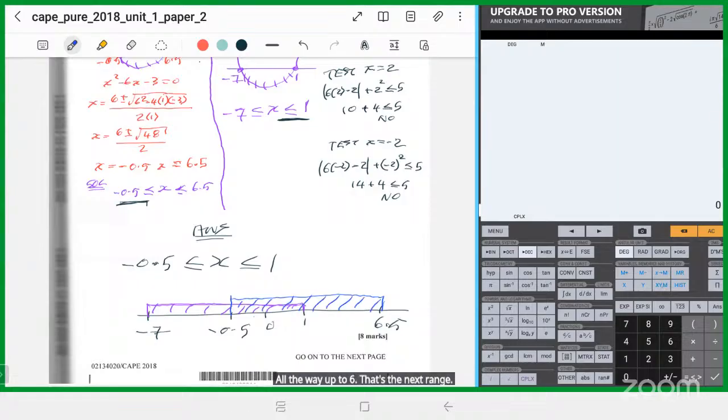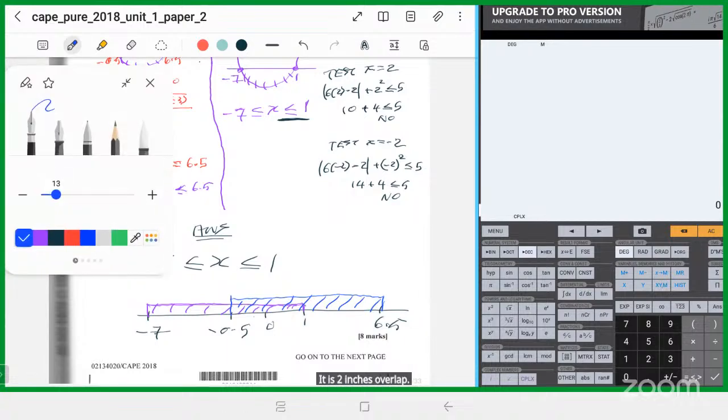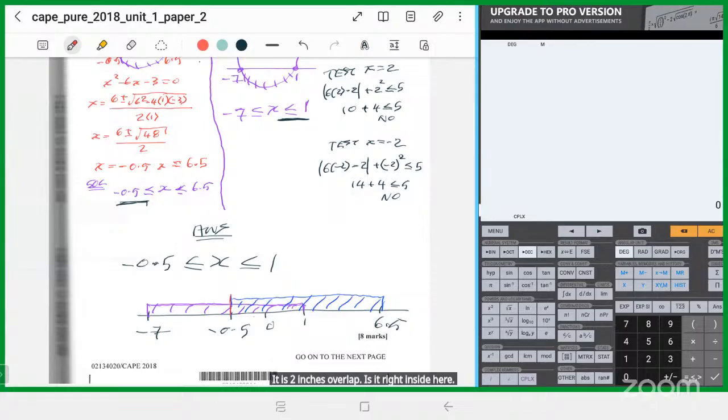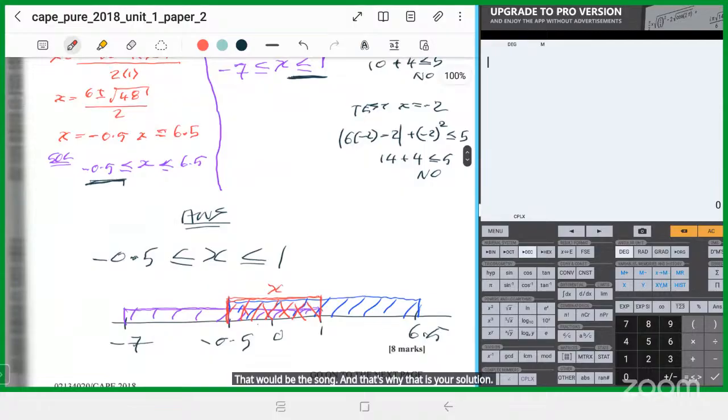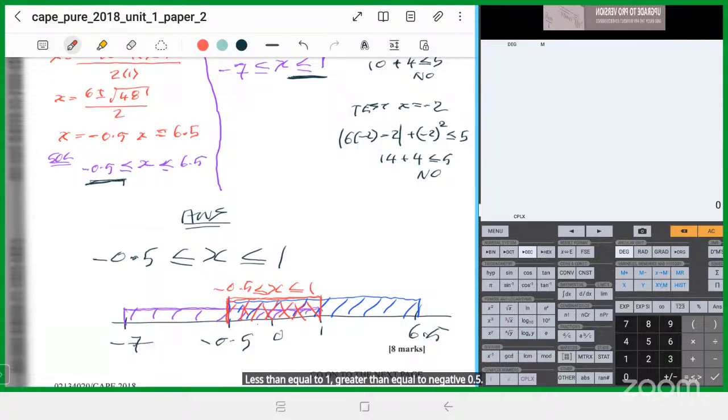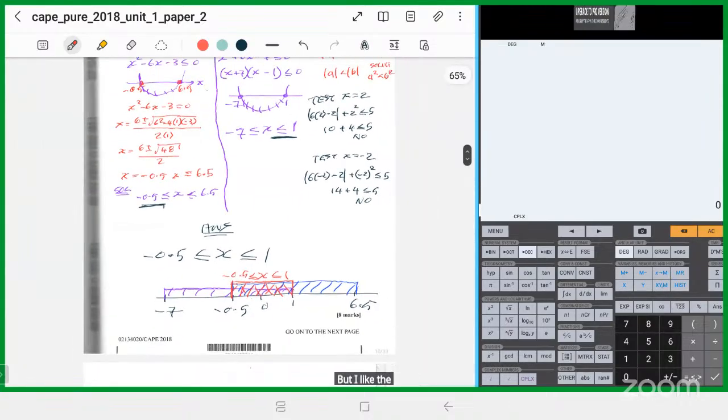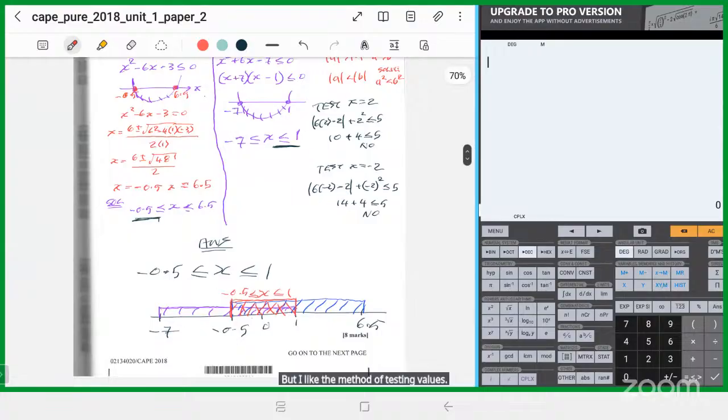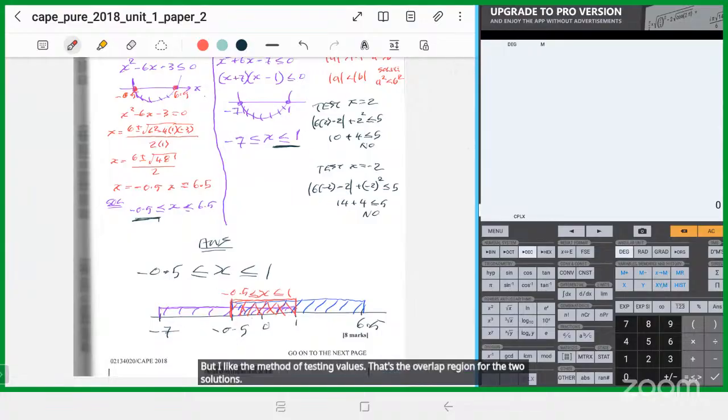Where those two ranges overlap, right inside here, is the region that satisfies both sides of the inequality that we solved. And that's why that is your solution: x less than or equal to 1, greater than or equal to -0.5. But I like the method of testing values. That's the overlap region for the two solutions.